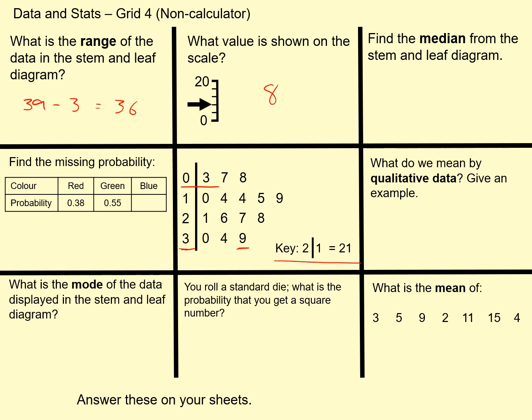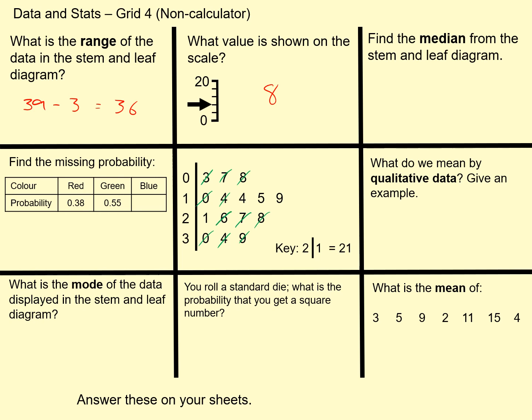Next up, it says find the median on the stem and leaf diagram. Okay, so just get rid of the little bits there. To find the median, you find the middle value in an ordered set of information. Now, if we think about this, that's our smallest value and biggest value, and then keep crossing them off in pairs: next biggest, next smallest, next biggest, next smallest, and so on.